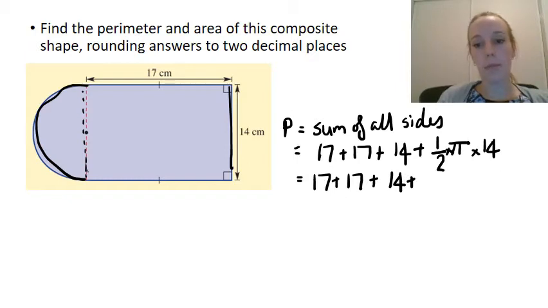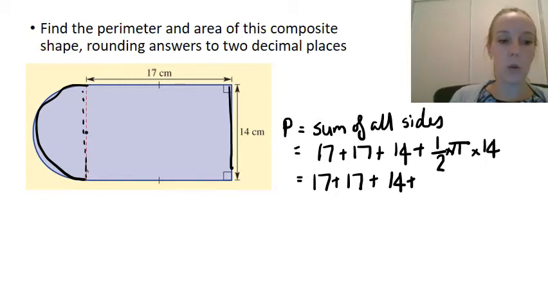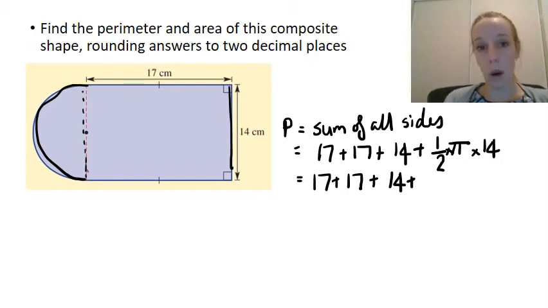14 plus a half times pi times 14 equals 21.991148. We're going to round to 2 decimal places. So 21.991 rounds to 21.99.